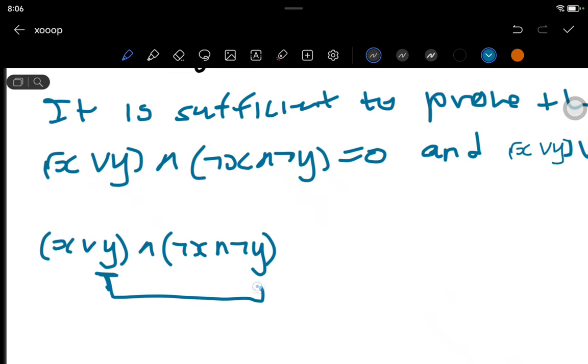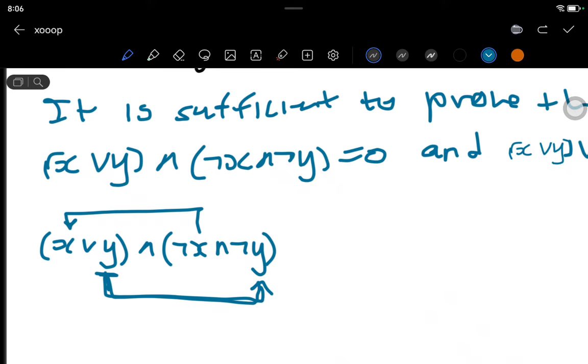You should always make sure you distribute the side where the signs are going to be the same. So there are two ways you can simplify this. You can distribute in this direction, or you can distribute in this direction. The correct direction is the one where the signs are the same here. So this is the correct one.